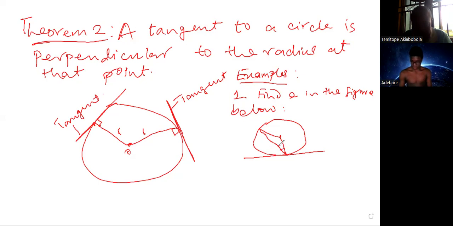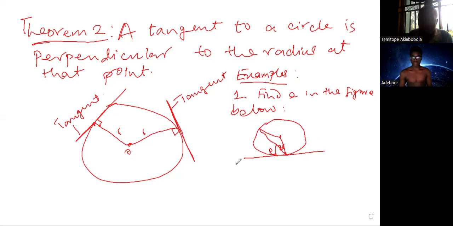So this angle is 36. Then this is E. Hope you can see what I've written here. This small angle here is 36. Can you see that? Yes, sir.